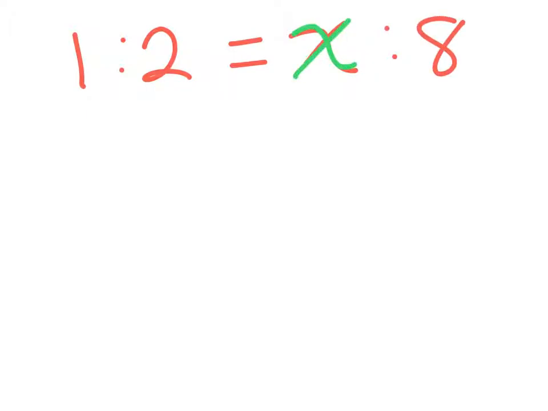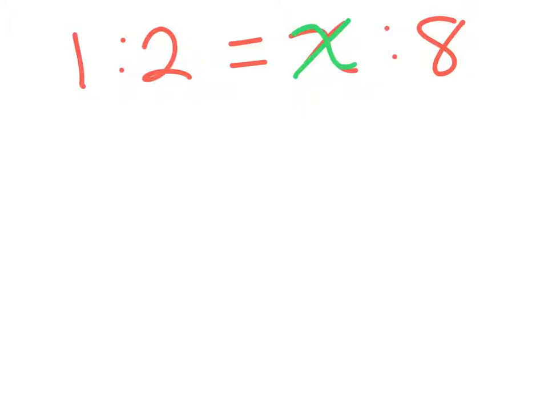It's commonly used when we're putting in an unknown number. It simply means I don't know what that number is, but I can solve for that x based on the rest of the information in this proportion. Remember what I said earlier, that proportions are read out loud to say 1 is to 2 as x is to 8.